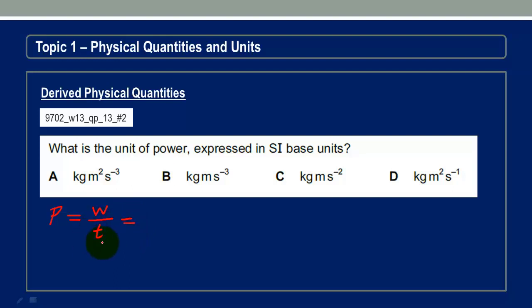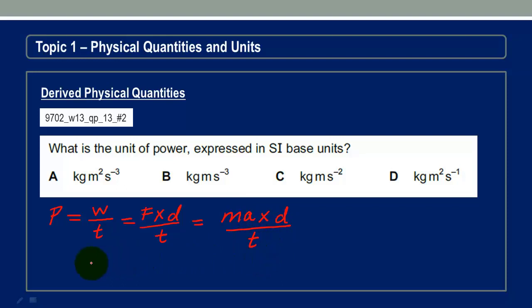Although time is a basic physical quantity, work is a derived physical quantity. So work is defined as force times distance, of course divided by time. Force is a derived physical quantity, and it is defined as the rate of change of momentum, which is ma, of course times d divided by t.